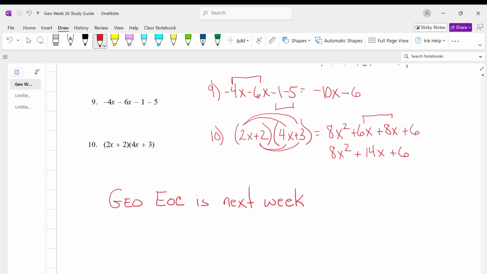Your graduation requirement for the geometry EOC is that you take the exam. You sit down and you take it. And you don't take your phone out, and you don't cheat on it, and you don't look at somebody else's computer. You sit down and you take the exam, and you do the best that you can do. That's your graduation requirement. Okay? So that is next week.